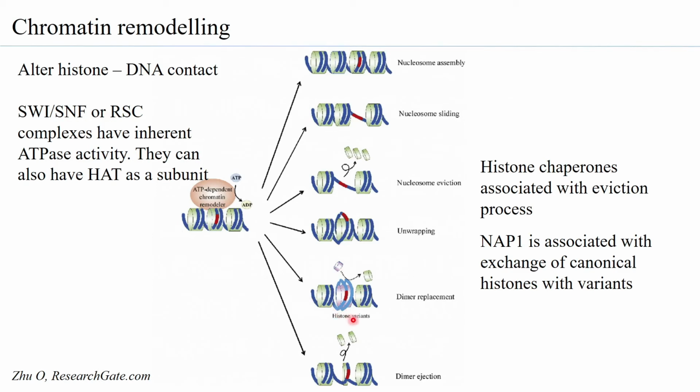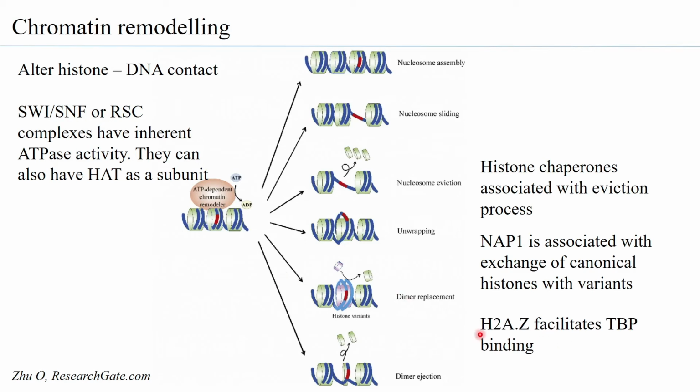Say, for example, at the centromeric region, you have nucleosomes containing CENP. CENP is again a histone variant, and thereby the centromeric region has not nucleosomes made up of canonical histones, but made up of this CENP, which is a variant of the H3 histone.